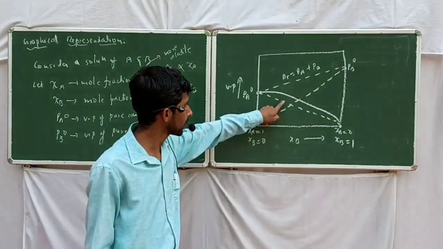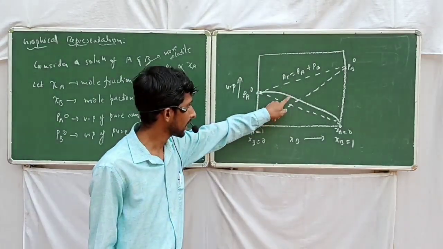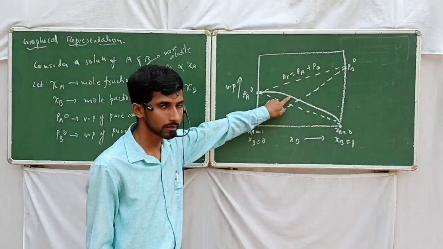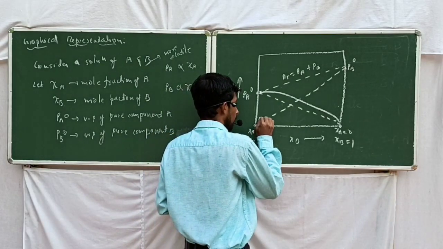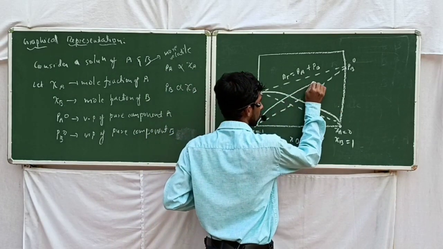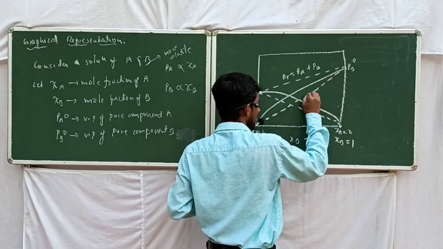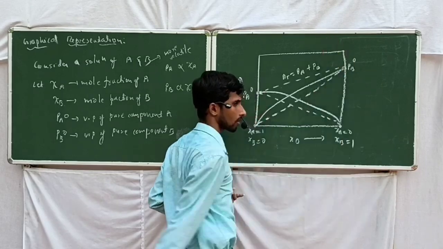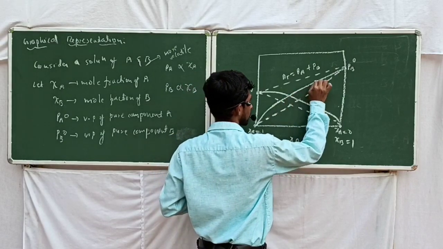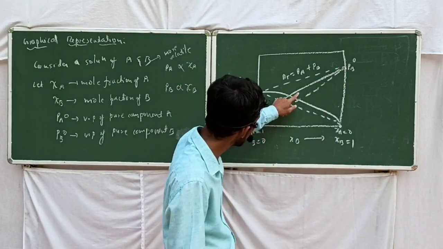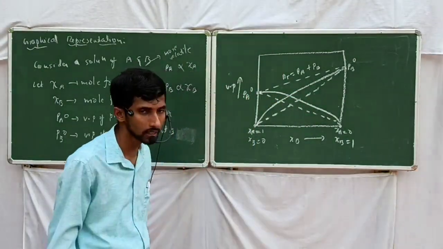Here the vapor pressure of A is greater than that calculated from Raoult's law. For B also, the vapor pressure of B is greater than that calculated using Raoult's law. The dotted line indicates the vapor pressure of B calculated using Raoult's law, and this solid line indicates the experimentally observed value. Clearly the experimental value is more than that calculated using Raoult's law.